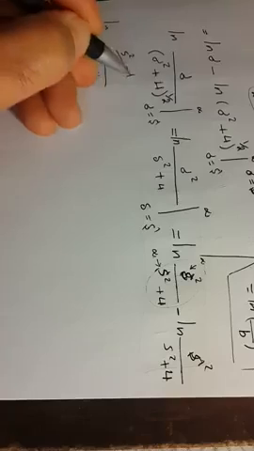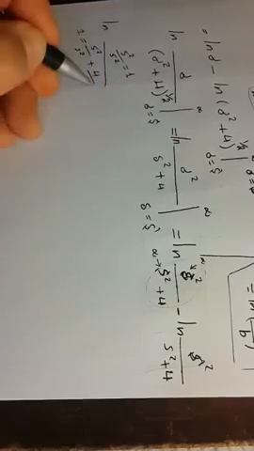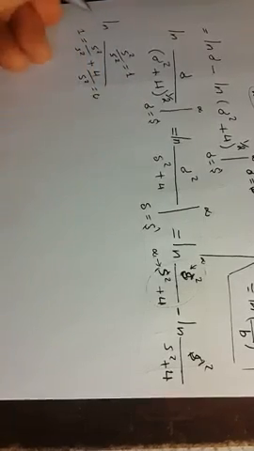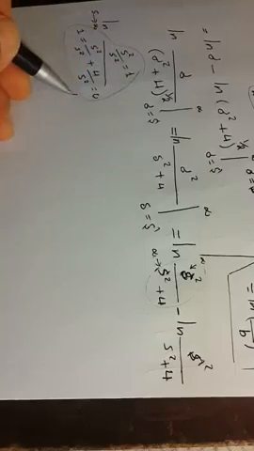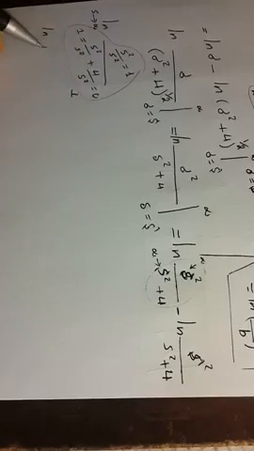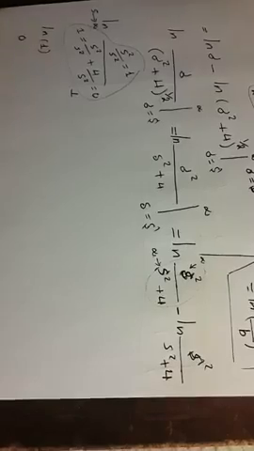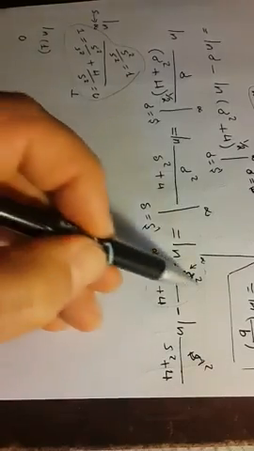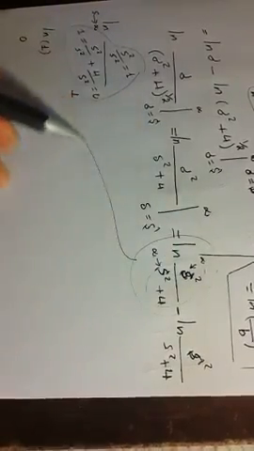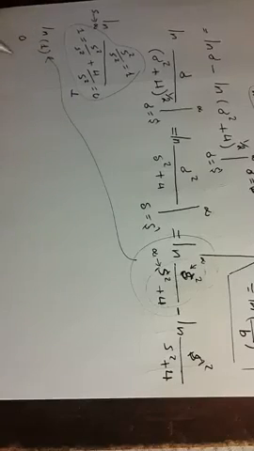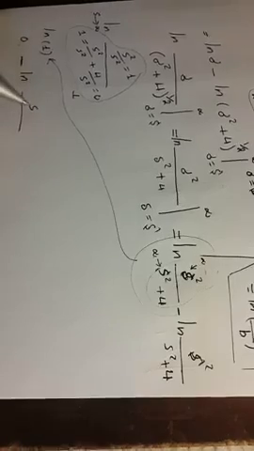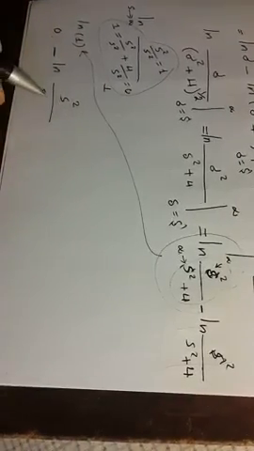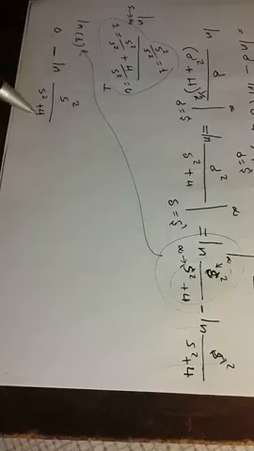This is going to be 1, and 4 over s square is going to be 0 when s goes to infinity. So this part is 1, and ln 1 is equal to 0. So this part is going to be 0 minus ln of s square over s square plus 4.